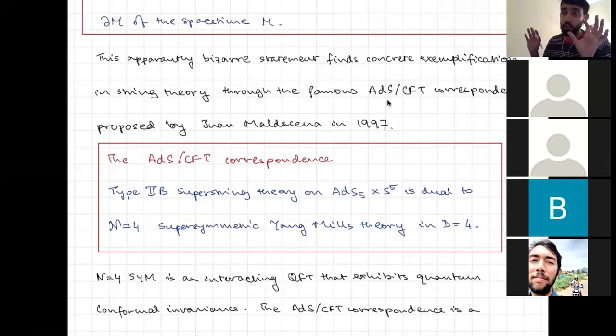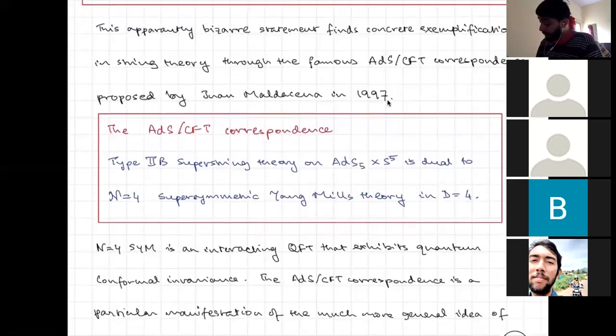So there are these two very different looking theories, and the proposal is that theory A is exactly equivalent to theory B. That means for whatever observables you can compute in theory A, you are going to get an equivalent thing in theory B, and these answers are going to match. So there's going to be a dictionary between theory A and B, and you would be able to match them if you wish.